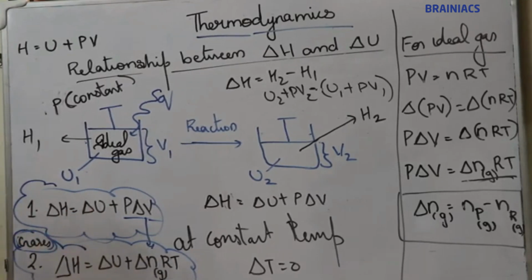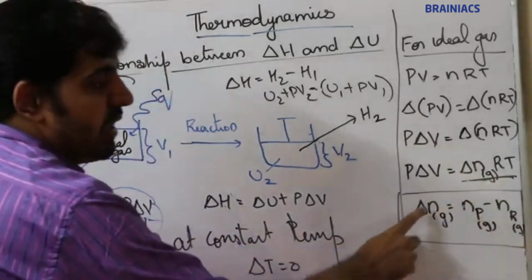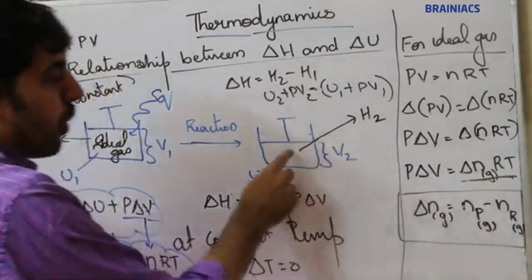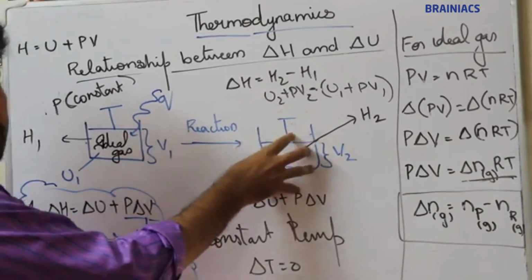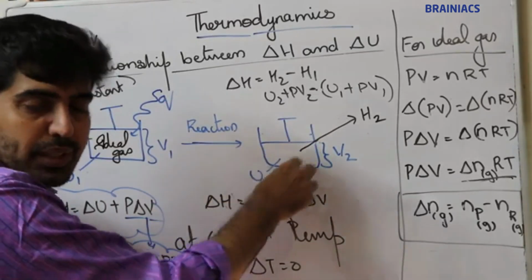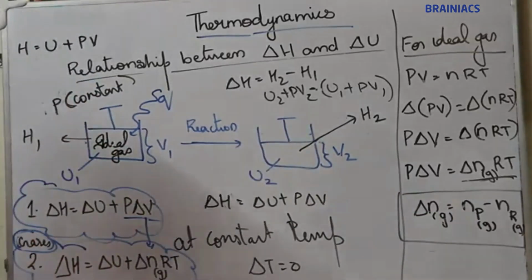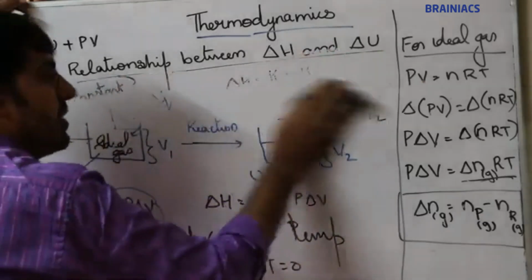I think it's clear. Now, what is delta ng? Delta ng means the number of moles of products in gaseous state minus the number of moles of reactants in gaseous state.